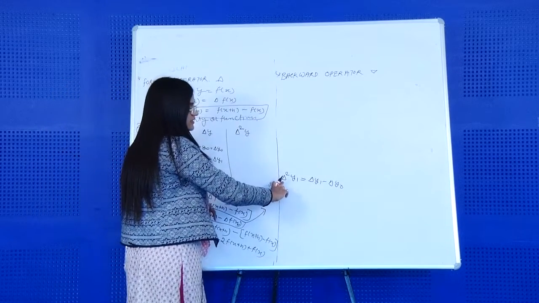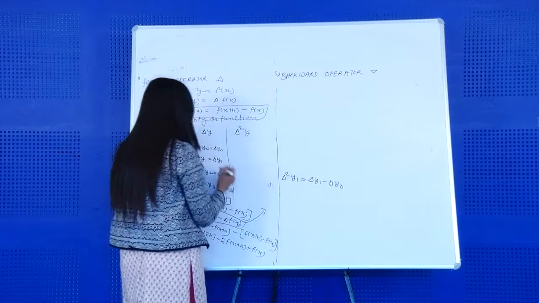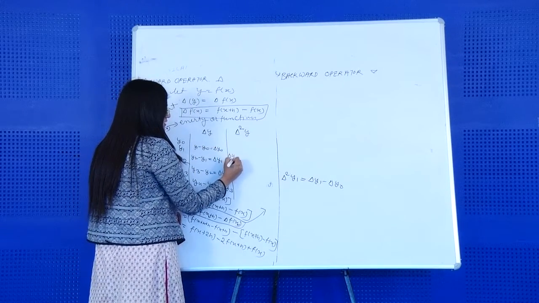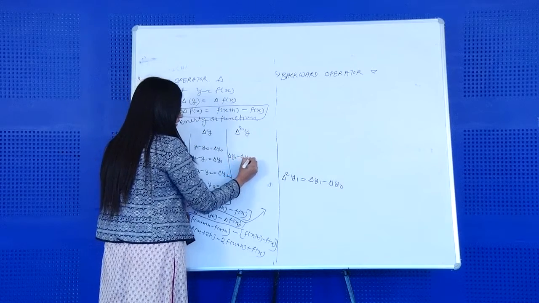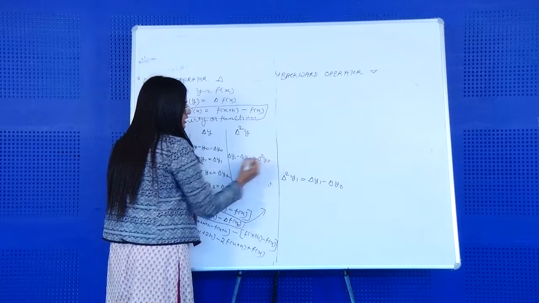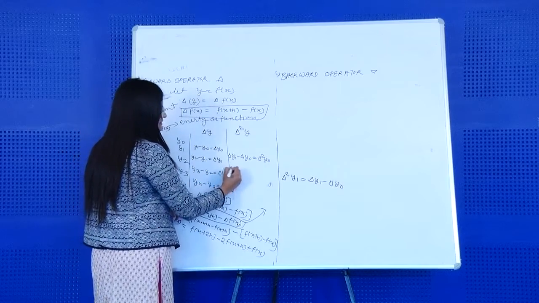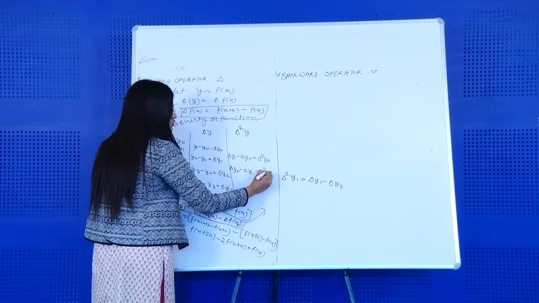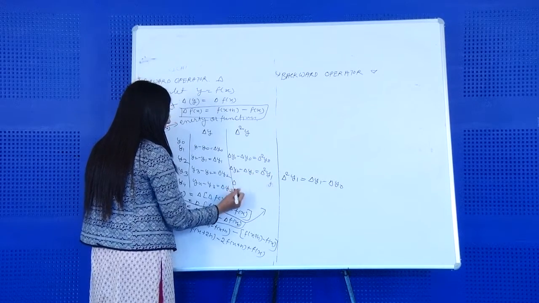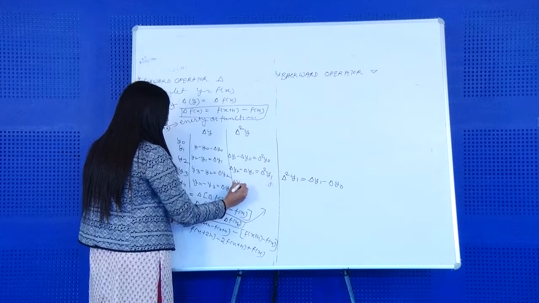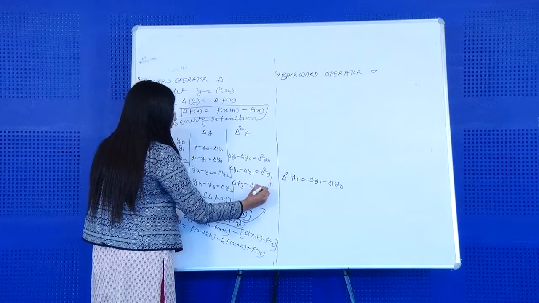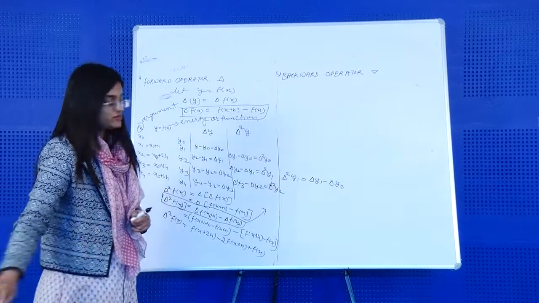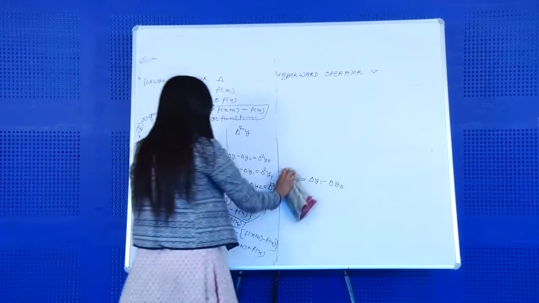So basically it is the difference between the first column values: delta of y1 minus delta of y0 is delta square of y0. Delta of y2 minus delta of y1 is delta square of y1, and delta of y3 minus delta of y2 gives delta square of y2. This is for the second order.